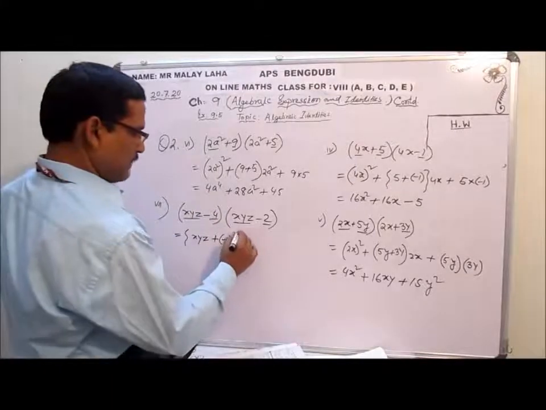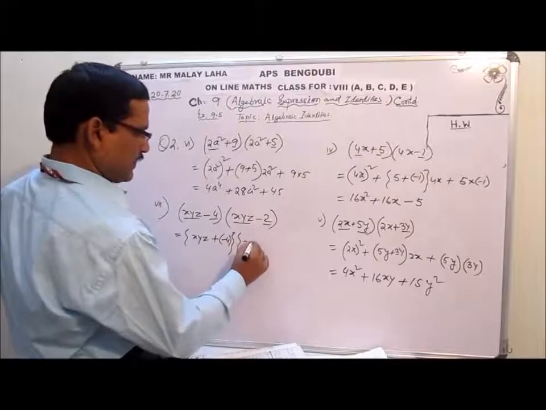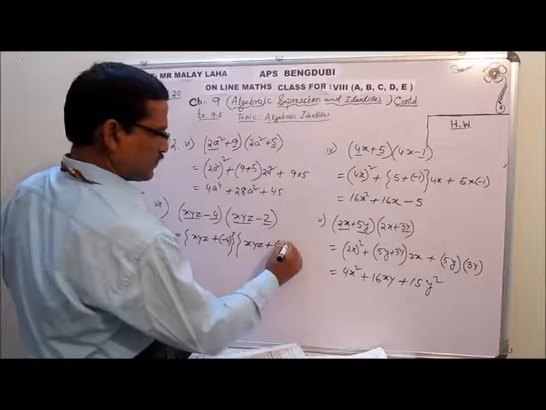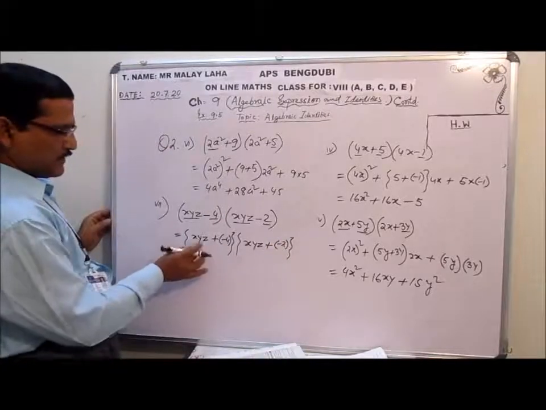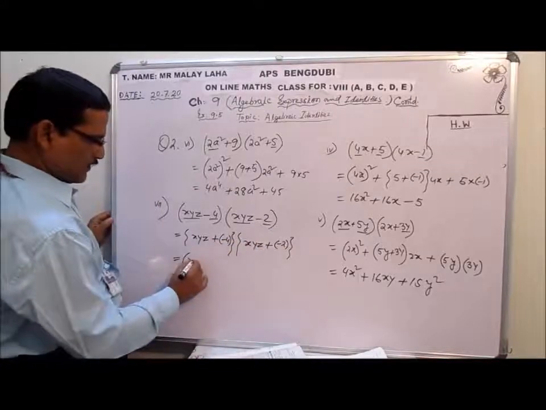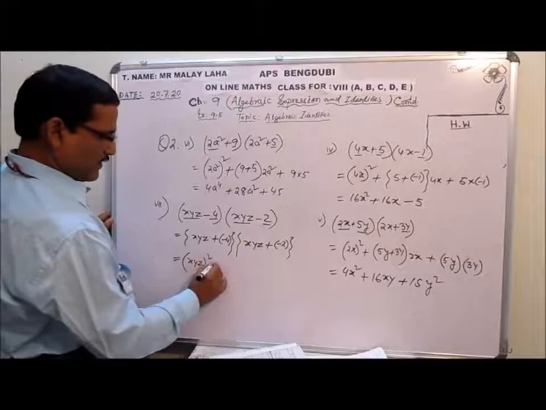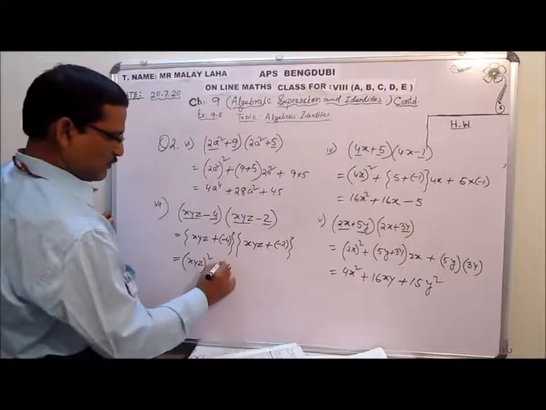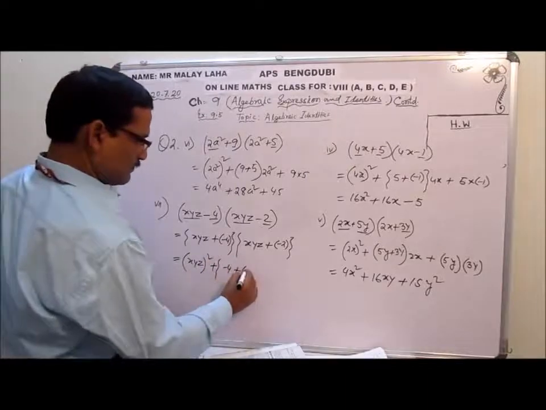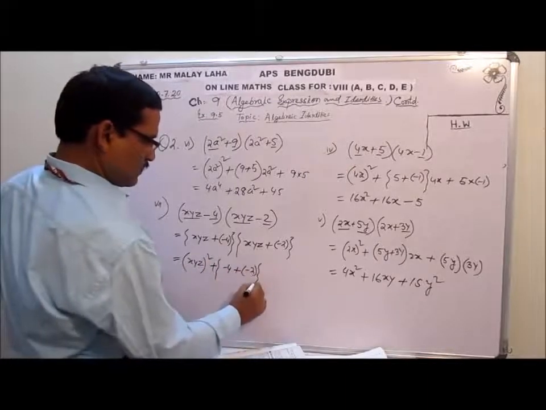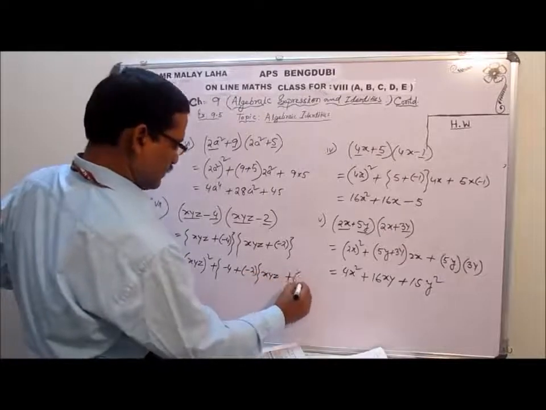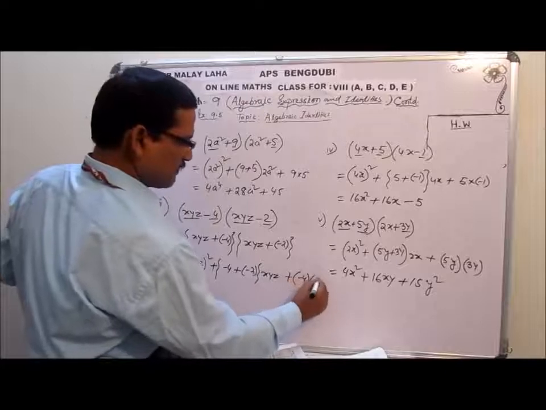Clear? And again the second bracket, xyz plus in bracket 2. So now you take this one as x, this is a, this is b. So it will be xyz whole square plus minus 4 plus minus 2, and outside the bracket xyz plus a into b, minus 4 into minus 2.